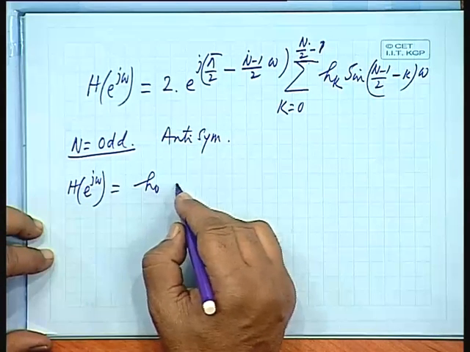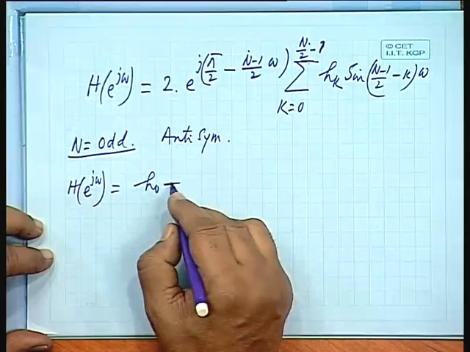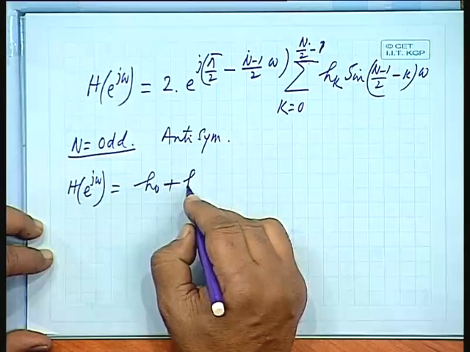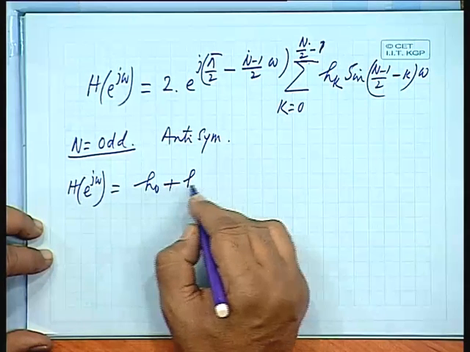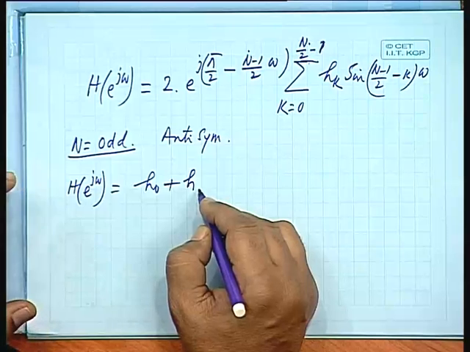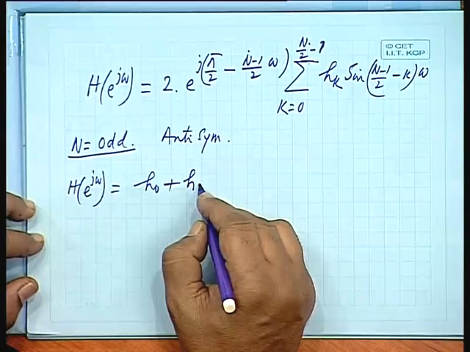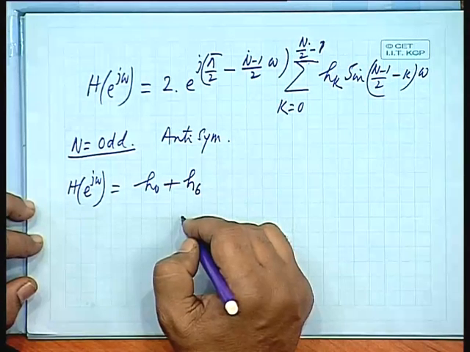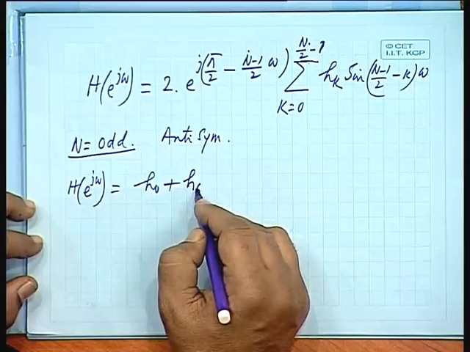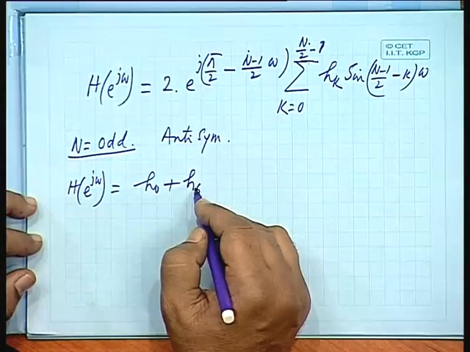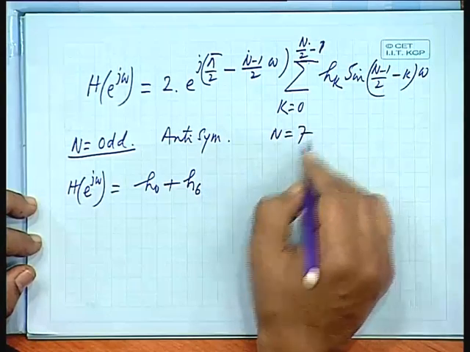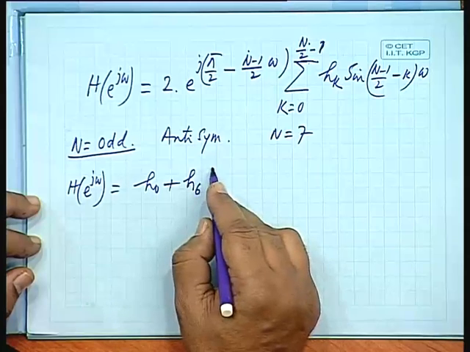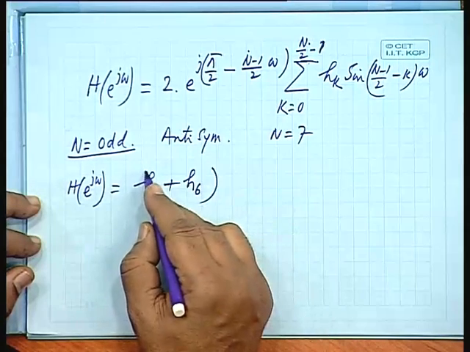So, h0 plus h6 e^(-j6ω), including h0 there are 7 terms, say n is equal to 7.